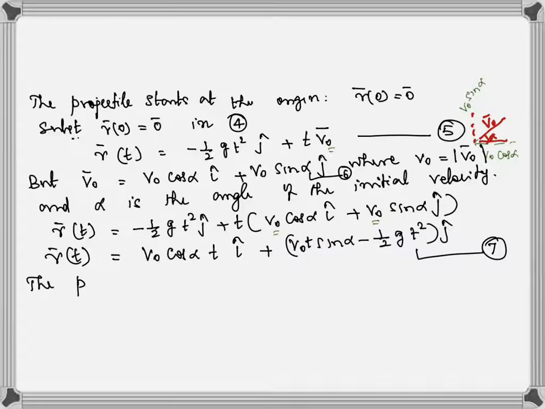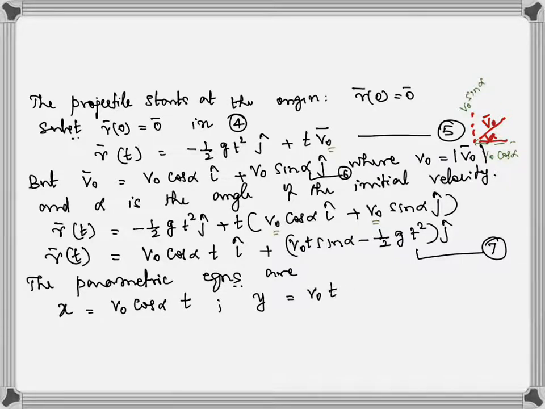We can write the horizontal and vertical components as parametric equations. So the parametric equations of this r of t are x equal to V0 cosine alpha t and y equal to V0 sine alpha t minus half g t squared.